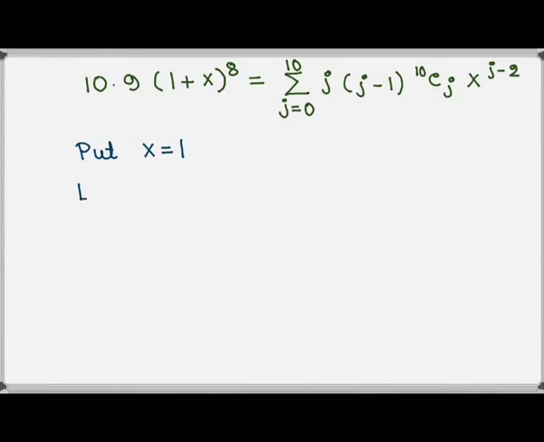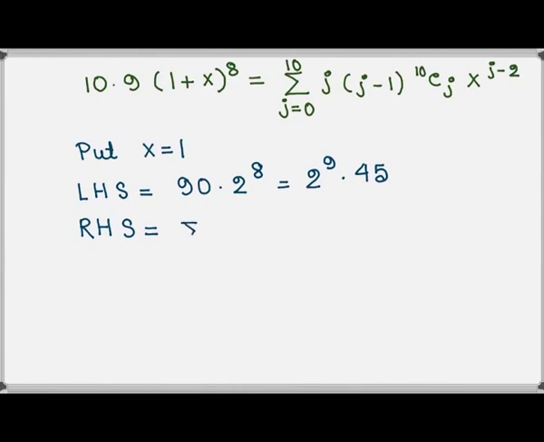We get LHS equal to 90 into 2 to the power 8, which we write as 2 to the power 9 into 45, and RHS equal to the sum from j equals 2 up to 10, j into (j minus 1) into 10Cj.